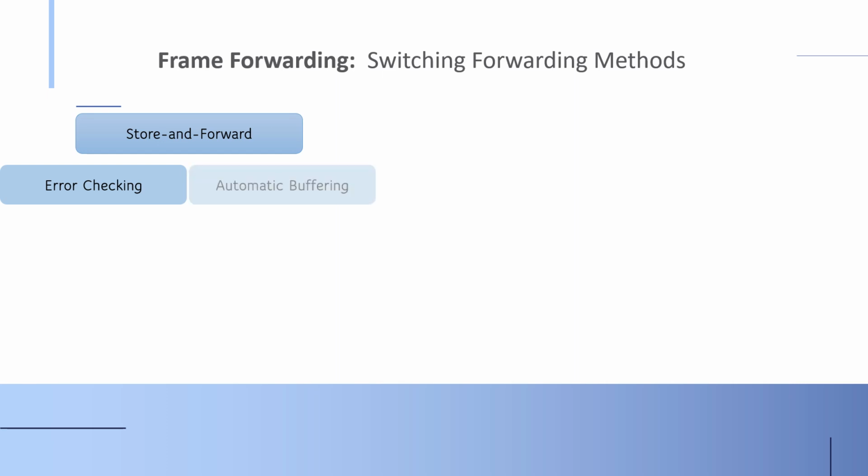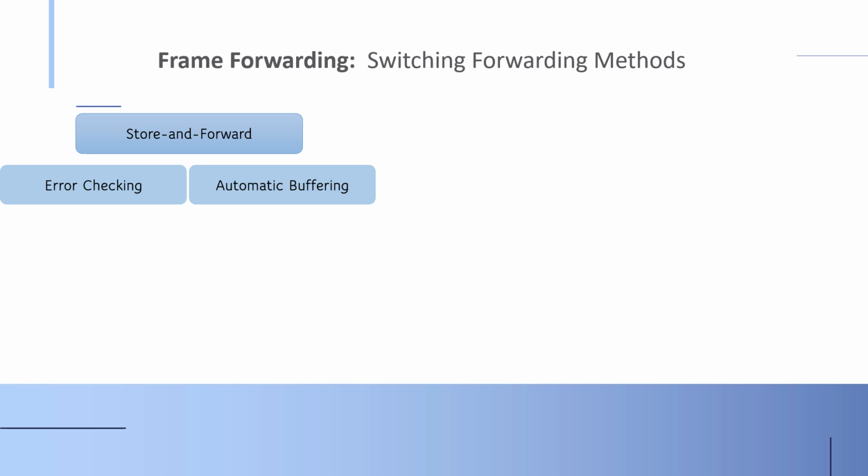And it also has automatic buffering, because the ingress port buffering process is used by store and forward switches, providing the flexibility to support any mix of Ethernet speeds. For example, handling an incoming frame traveling into a 100 megabit per second Ethernet port that must be sent out of a 1 gigabit per second interface would require using the store and forward method.